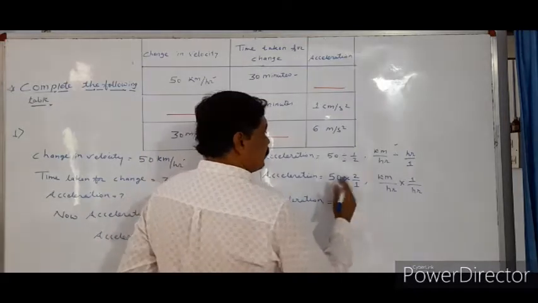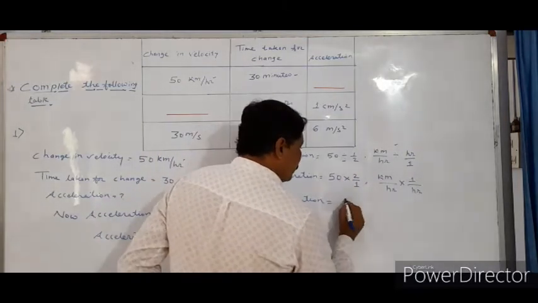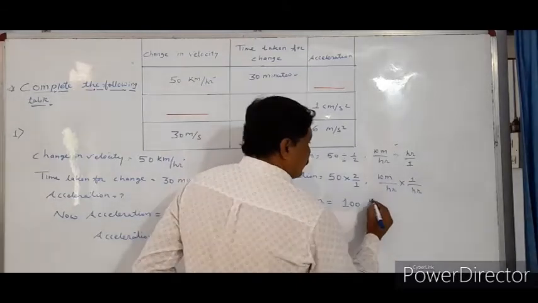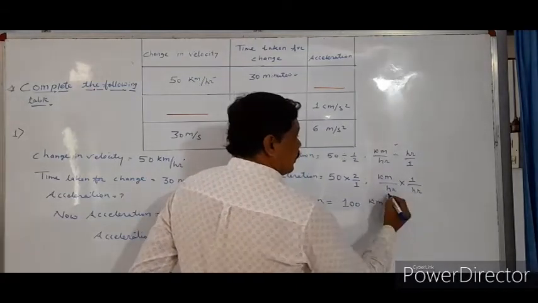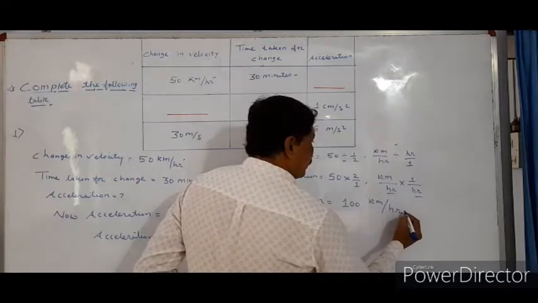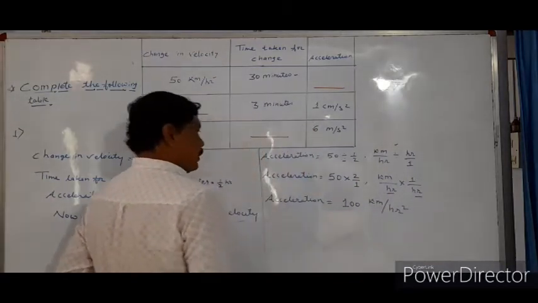Acceleration is equal to 50 into 2 is 100. Kilometer will be as it is. Hour into hour will be hour square.